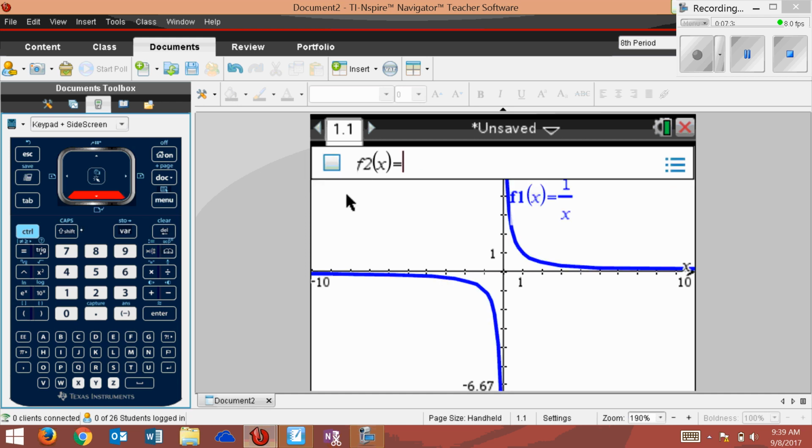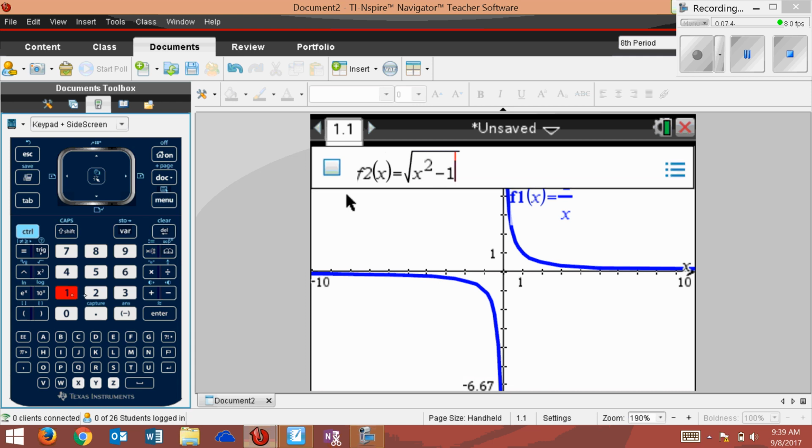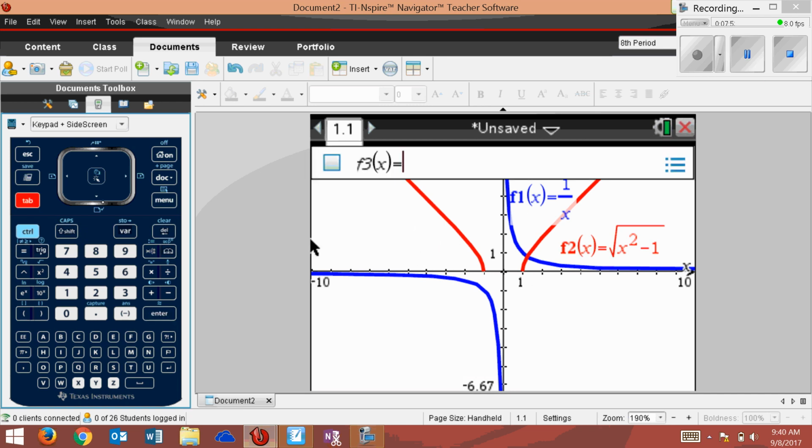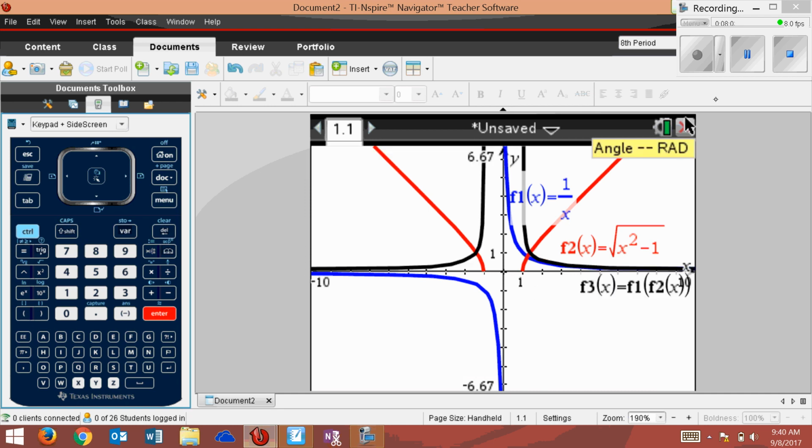And my next equation was the square root of x squared minus 1. Okay, so there's my graphs. And now we're going to find the third equation. So we go tab, and on the third equation, I type in f1, parentheses f2, parentheses x. Press enter. There's my third graph.